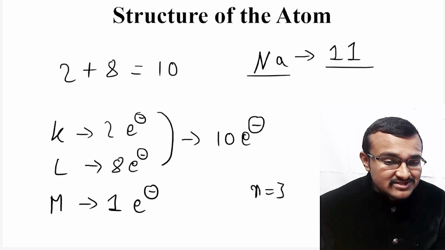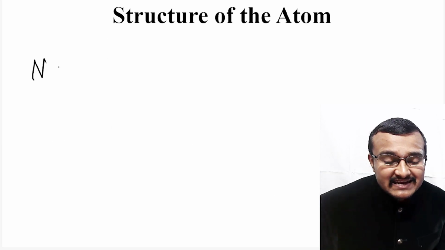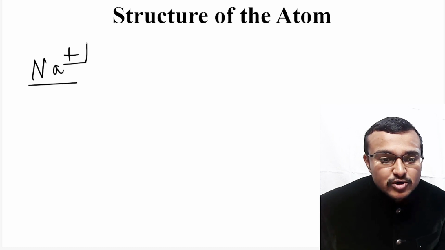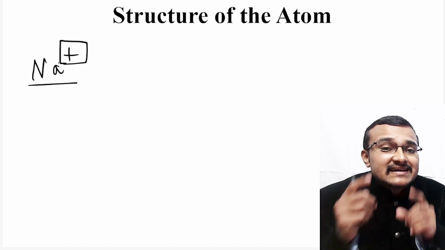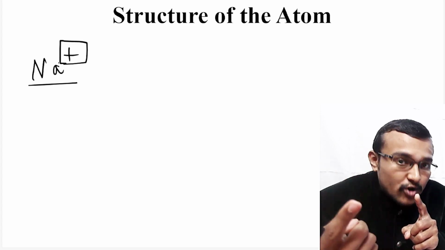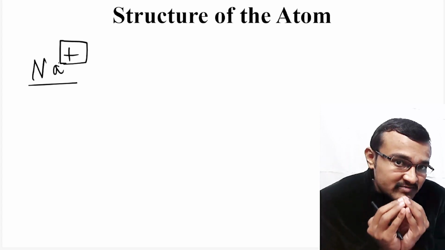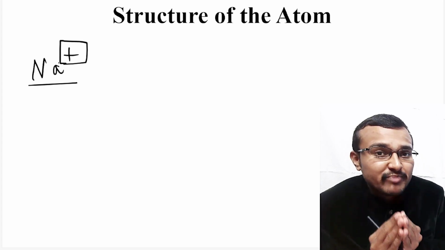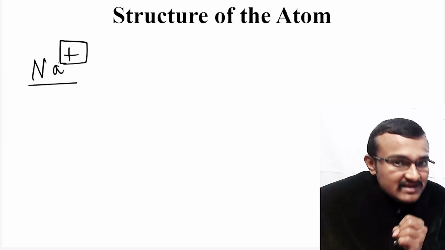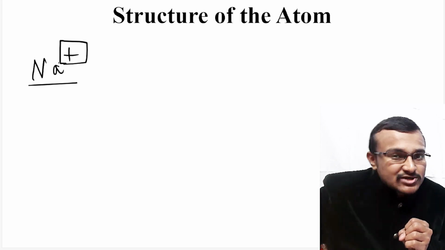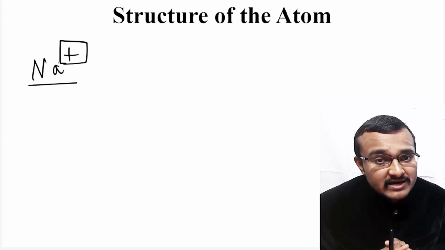But now in this question they have asked Na plus. Here you can see this sodium has a positive charge on it. That means it has lost one electron. 11 protons will be there in the nucleus of the sodium atom. But 11 electrons are not there in that Na plus, because one electron has been knocked off from that sodium atom.